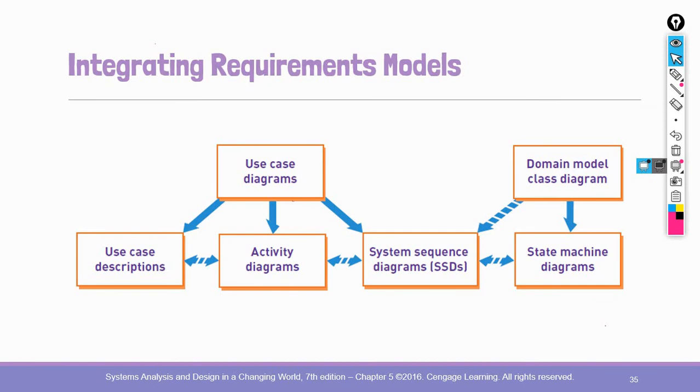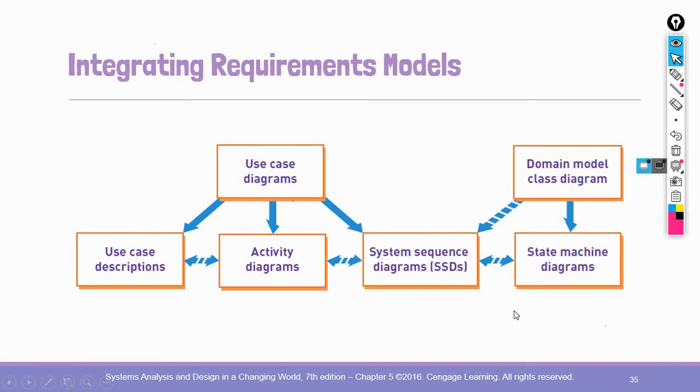The detailed descriptions, either in narrative format or in activity diagrams, provide important internal documentation of the use cases and must completely support the use case diagram. Such internal descriptions as preconditions and postconditions use information from the domain model class diagram. These detailed descriptions are also important for development of system sequence diagrams.